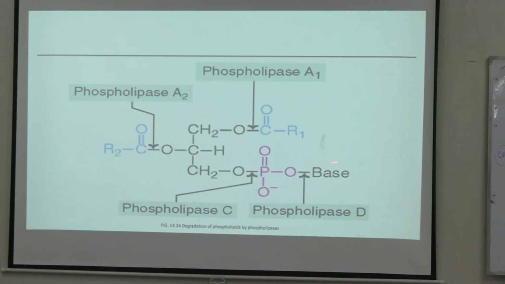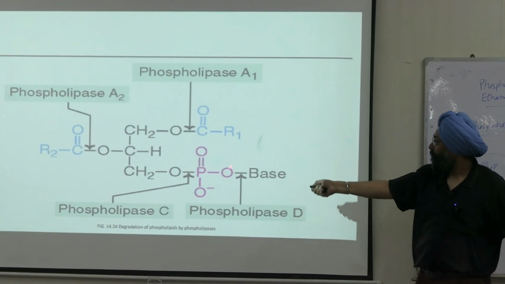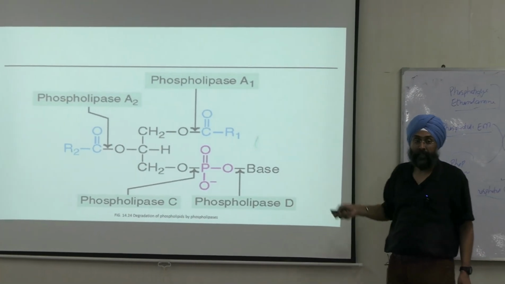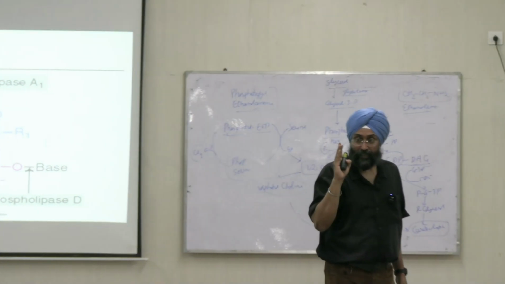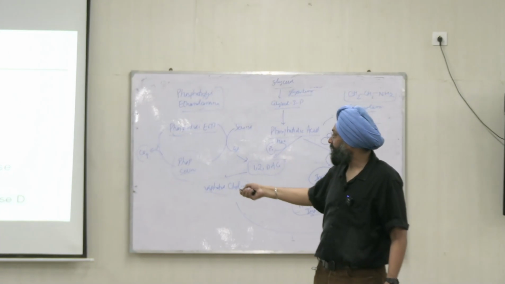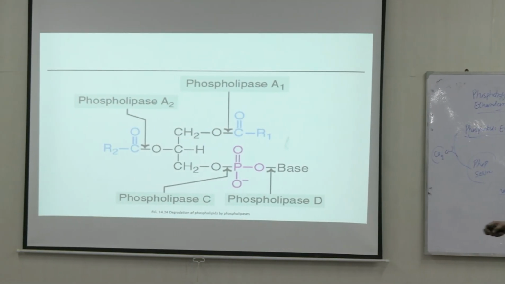What was the base? This one molecule is phosphatidic acid and the base may be ethanolamine, may be choline, may be inositol, right? So base is the target activated by phospholipase D, right?